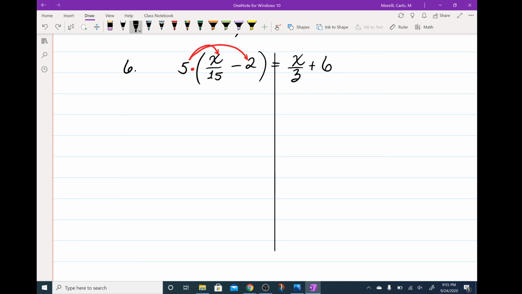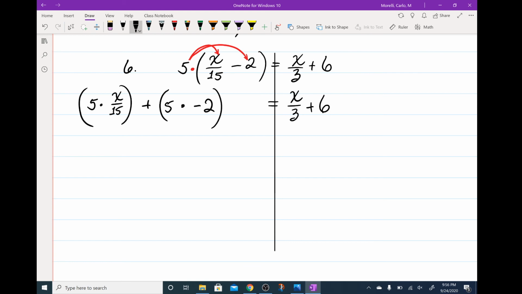Okay, so here's what's going on. We're going to do 5 times x over 15 plus 5 times negative 2 equals x over 3 plus 6.